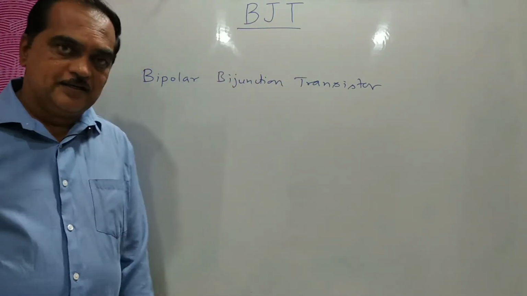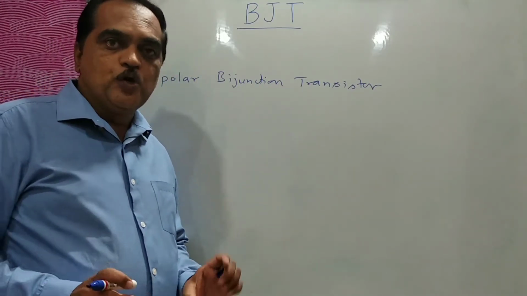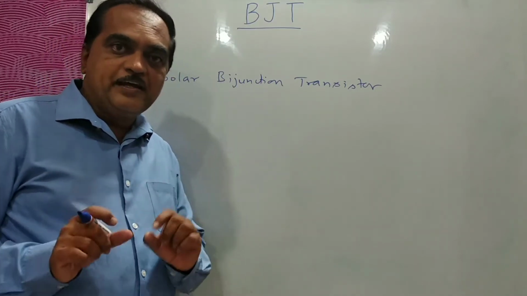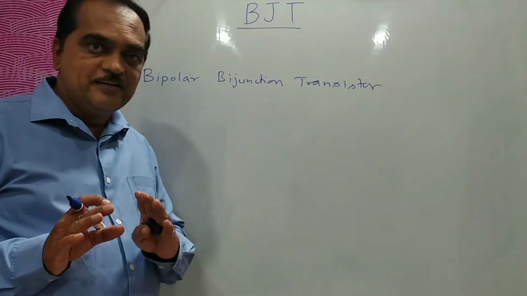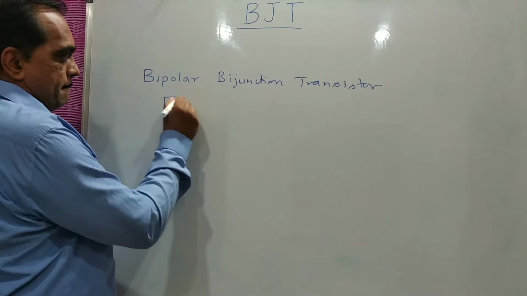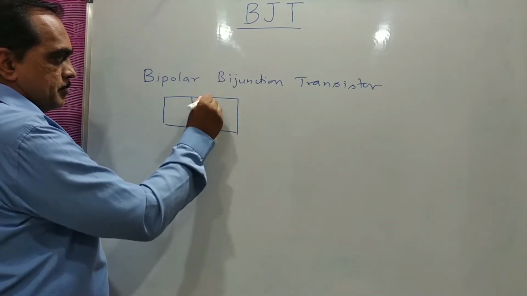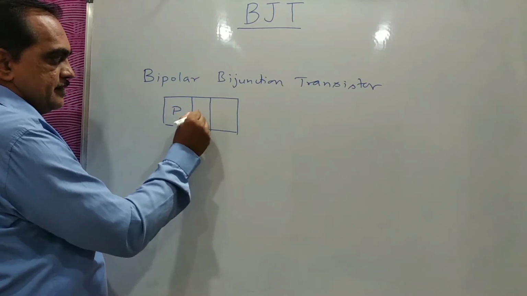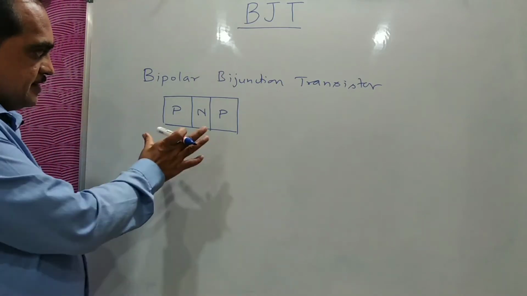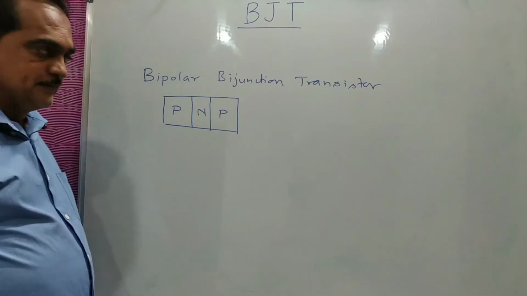Now we have seen semiconductor devices up till now, and in that we know what P type material and N type material are. If you arrange them in a format like this, with this as P, this as N, and this as P, you have three layers, with an N type layer sandwiched between two P type layers.